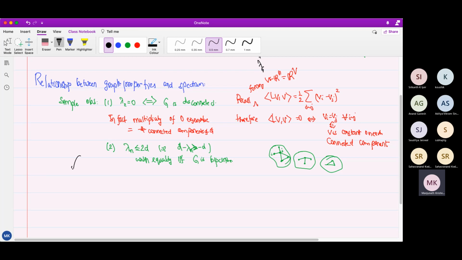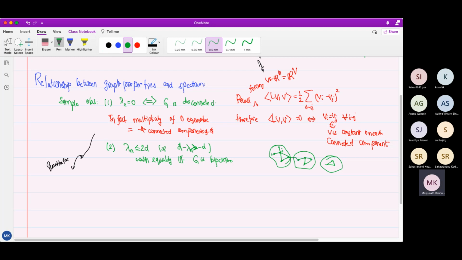So we'll go more quantitative. This is only saying that lambda 2 is 0 or not 0, even if there is a very loose connection. For example, if I have a graph like this, but there is a weak connection.